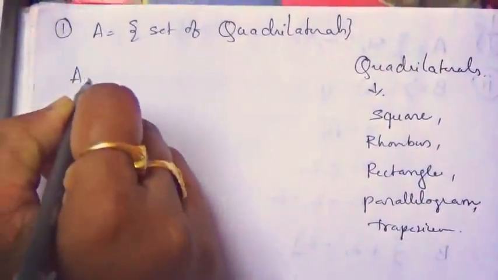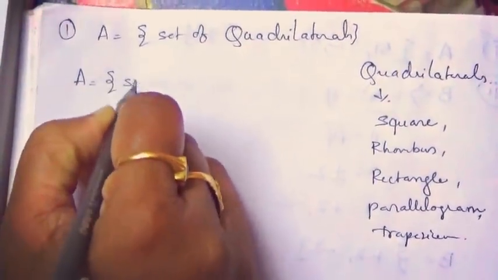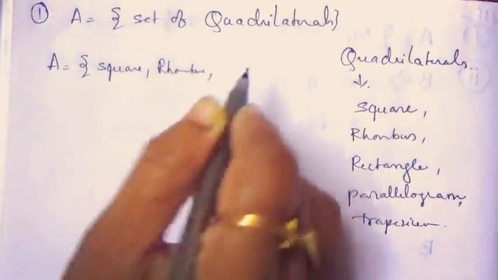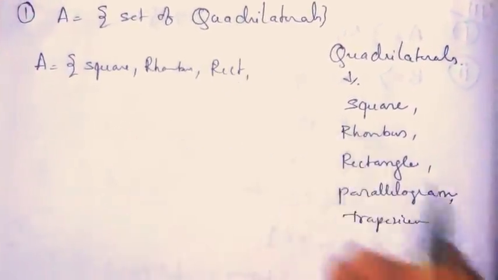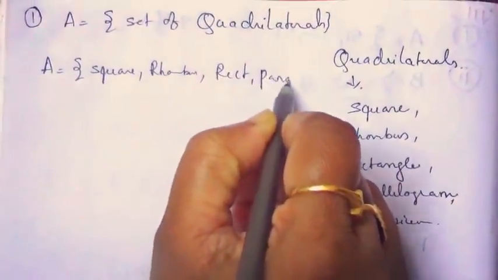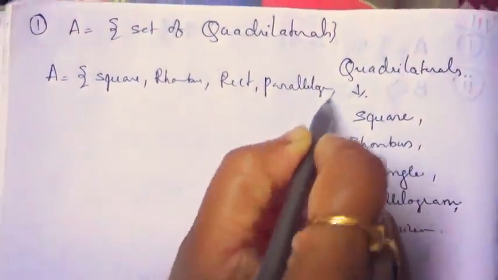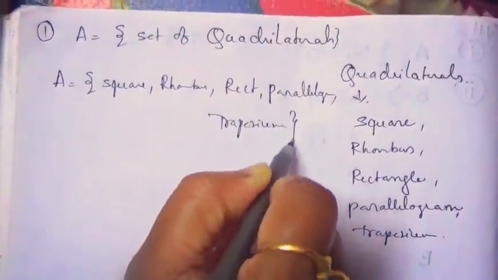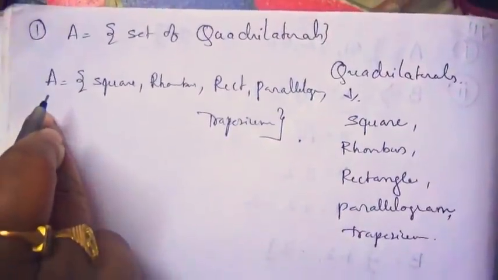So A is equal to {square, rhombus, rectangle, parallelogram, trapezium}. How many elements do we have? 5 in the set A.